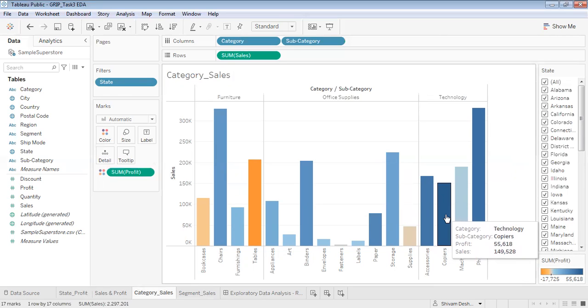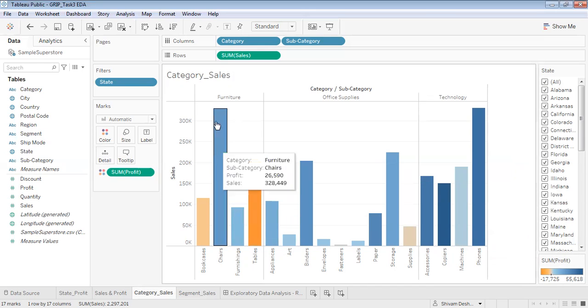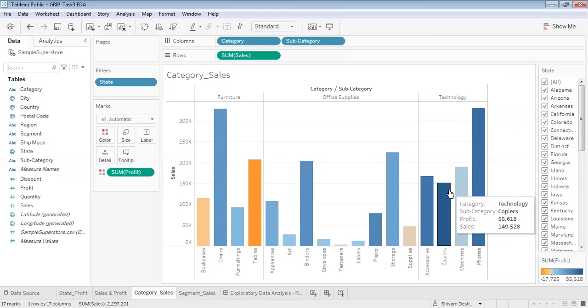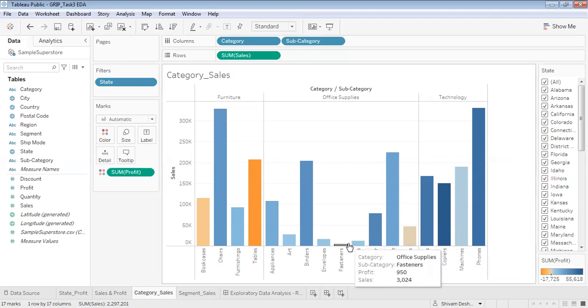The sales are relatively good. These are the sales in the category of furniture, chairs, and even technology phones. The sales are very large. The profit is good, but the profit is higher in copiers, technology, and the sales are very low in fasteners, in the category of office supplies.